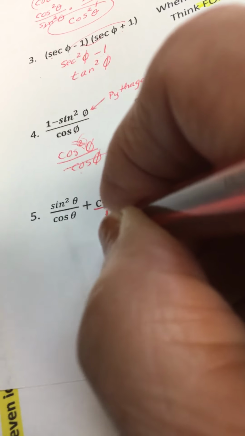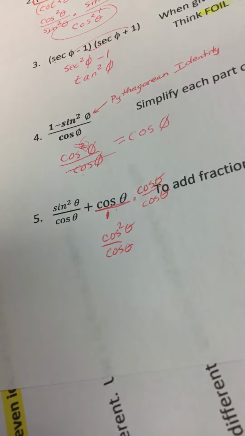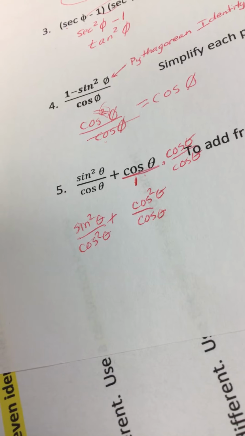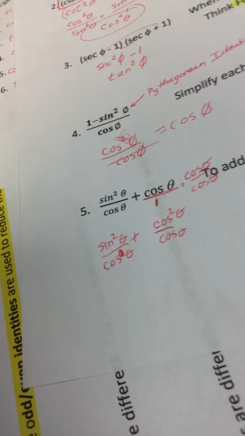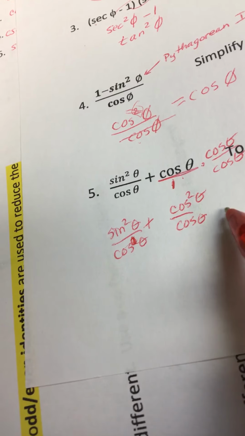Up here I'm going to get cosine squared theta, because cosine times cosine is cosine squared. And then I have plus sine squared theta over cosine theta. That's just cosine there, that's my mistake. I have a common denominator of cosine theta.